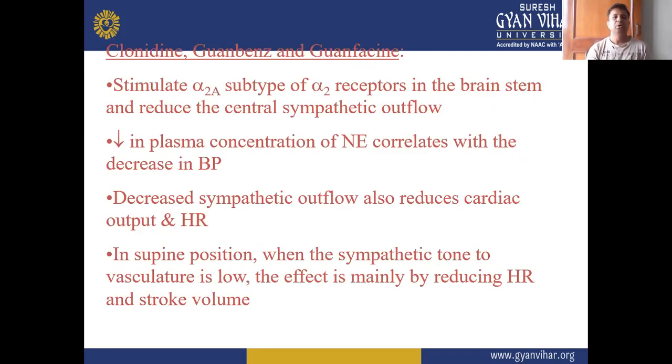Clonidine, guanabenz, and guanfacine stimulate alpha 2A subtypes of alpha 2 receptors in the brain stem and reduce the central sympathetic outflow. The reduction in plasma concentration of norepinephrine correlates with the decrease in blood pressure.